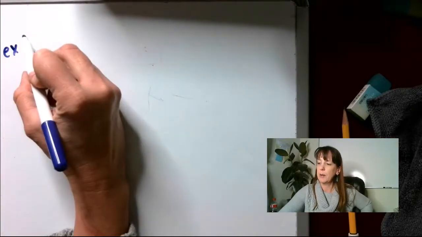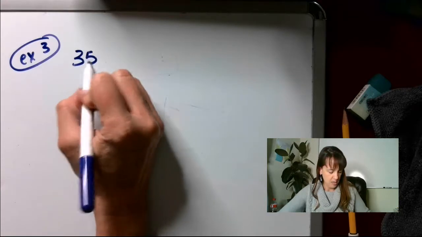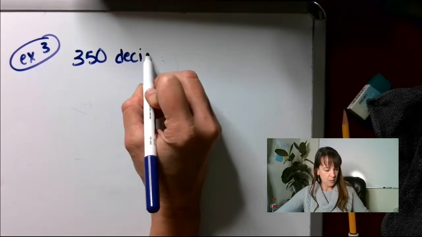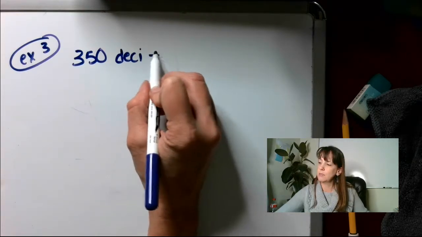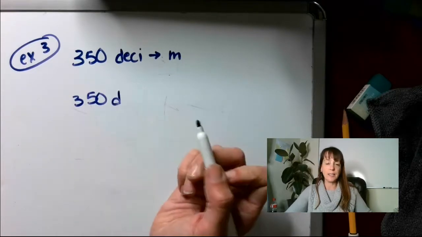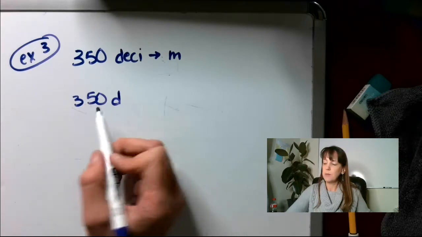All right, so let's look at example number 3. Convert 350 decimeters, which is D, to meters. Again, we start with 350, and it's just D. I would think it would be DM, but it's not.